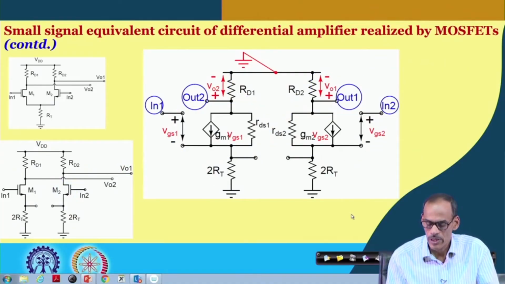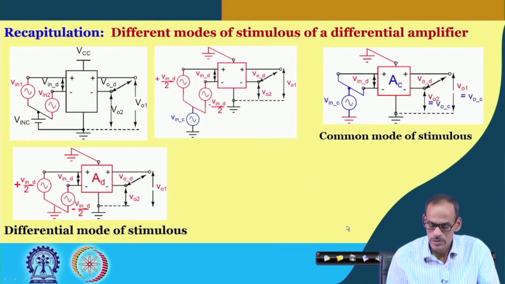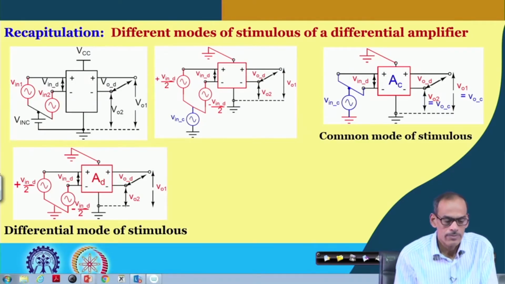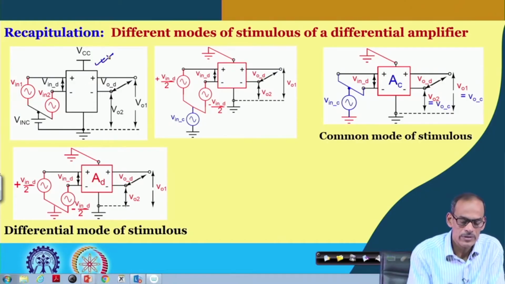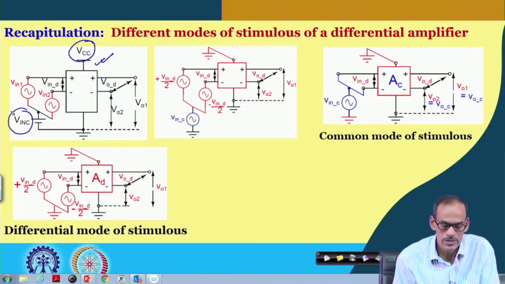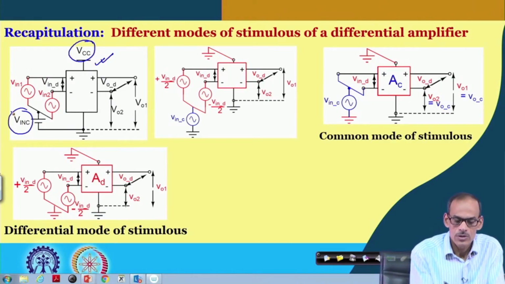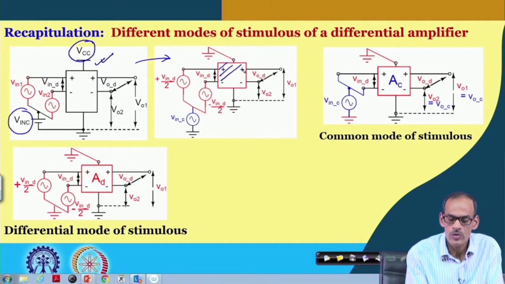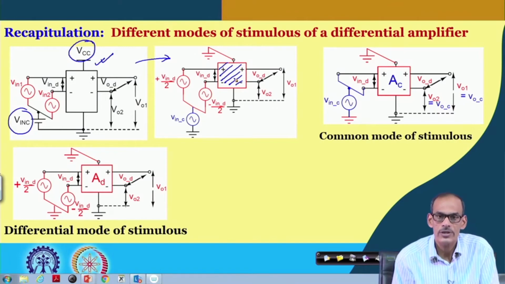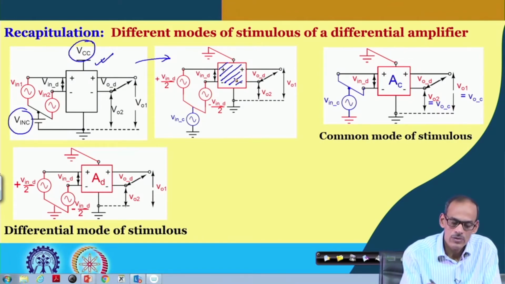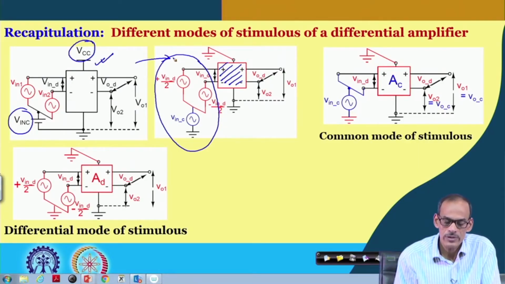So, you may recapitulate that whenever we have a differential amplifier containing DC sources and DC bias conditions, we would like to convert it into a small signal equivalent circuit. So, by now we have the small signal equivalent circuit for the differential amplifier, and then we would like to stimulate it at the input in this convention, and it has two modes of operation.